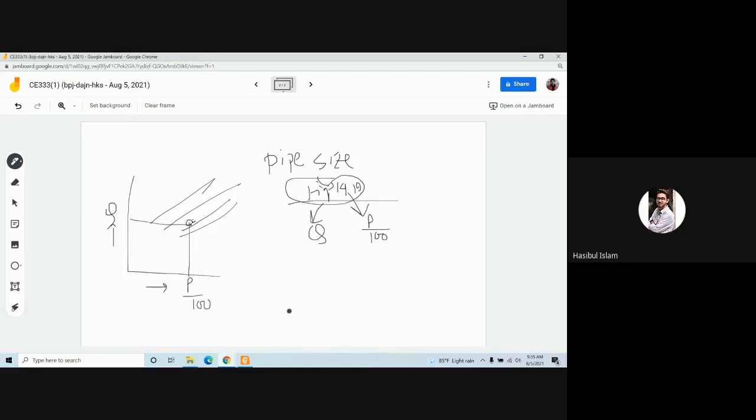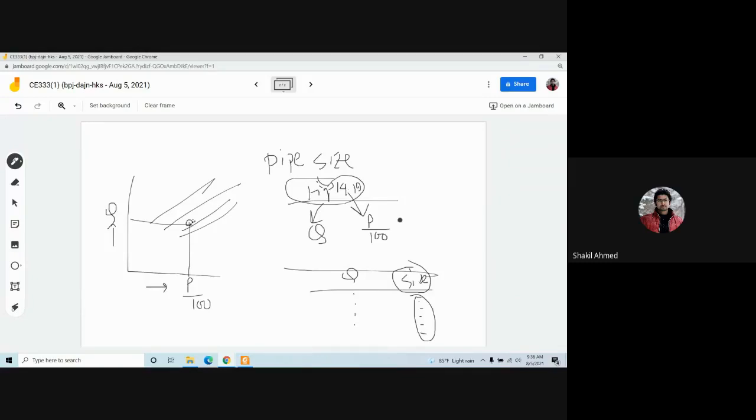Yes, sir. That's what we have done here actually. So we determine the pipe sizing for different Q, and P per 100 is fixed, for example, and size. You determine the size, and once you determine the size, you can calculate the fitting losses and check it with the assumed equivalent length.